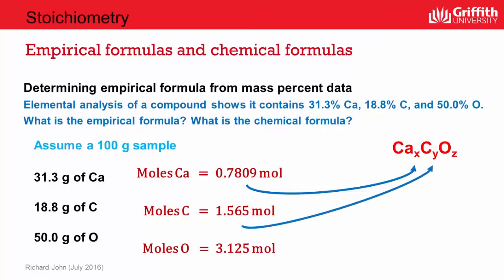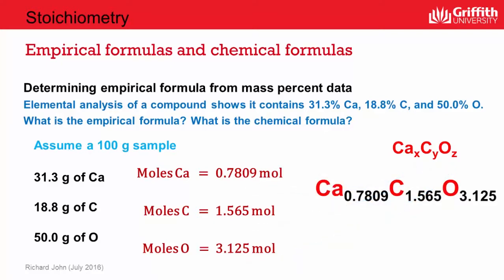The 1.565 moles of carbon is related to that Y subscript, and the 3.125 moles of oxygen is related to that Z subscript. In fact, we could even write out a chemical formula with those numbers represented.